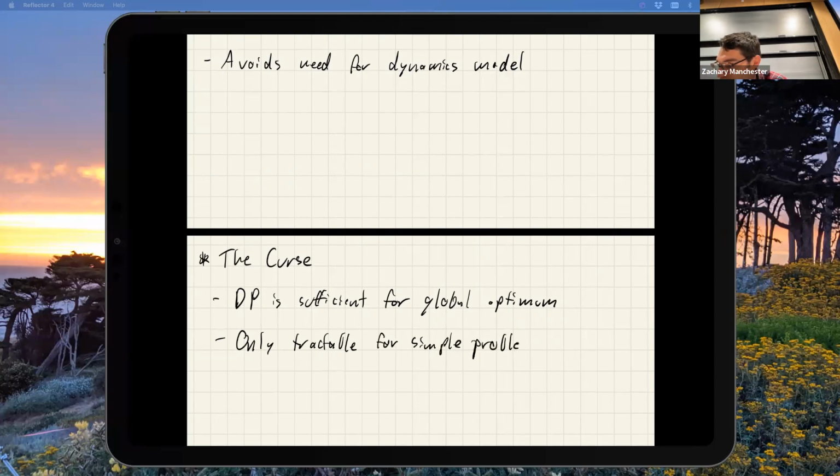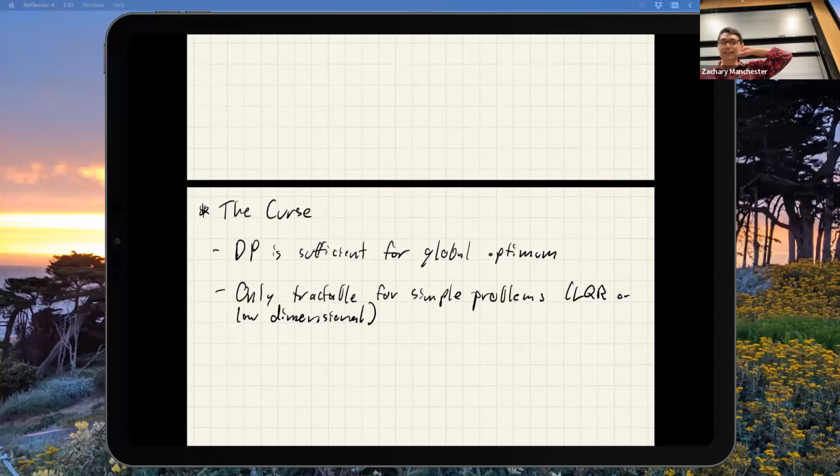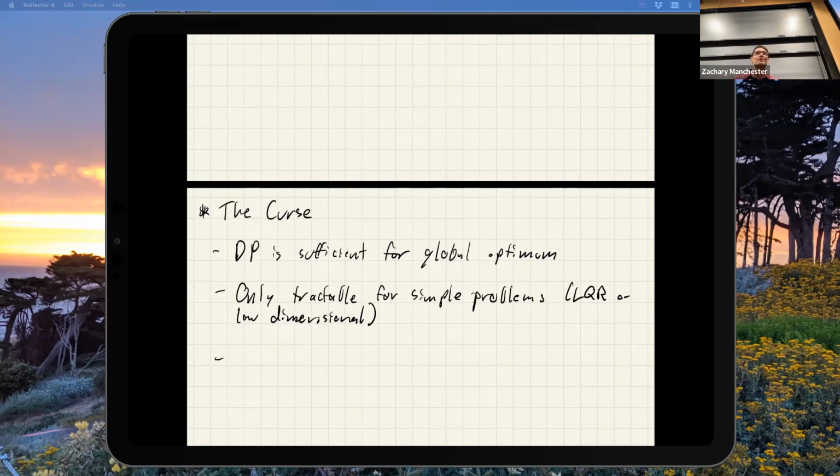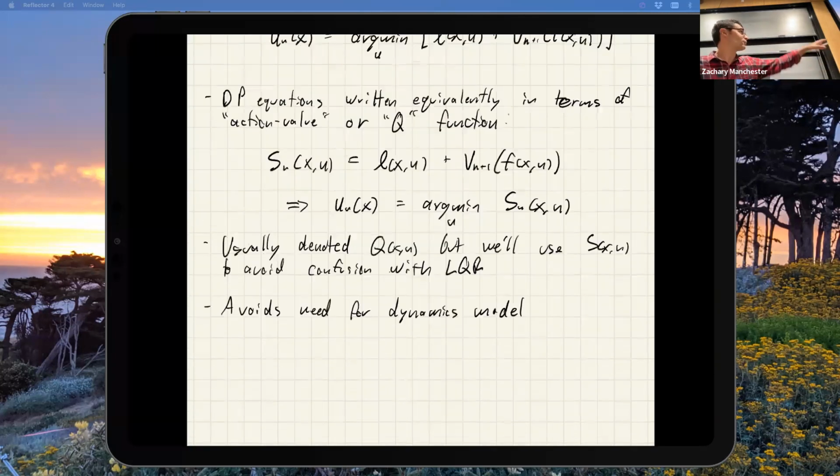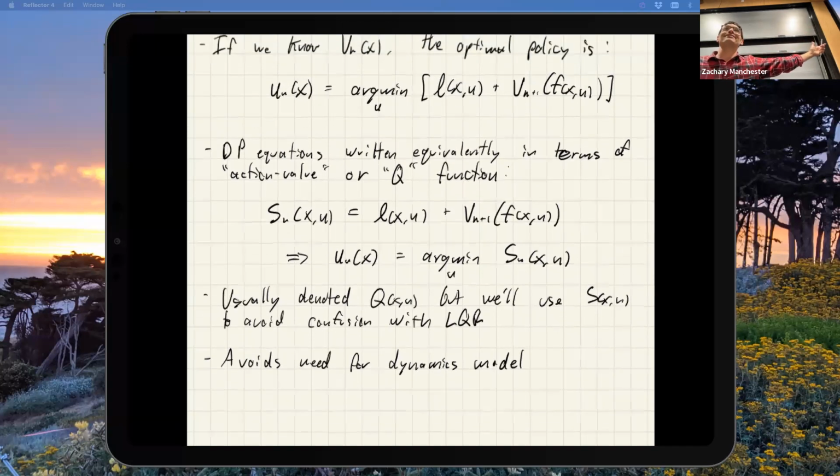And what happens in the general case is that it might be buried in your previous question: for anything nonlinear, I can't actually write down V of X. Remember, V of X is a function. So in this backward thing, I'm solving for a function.